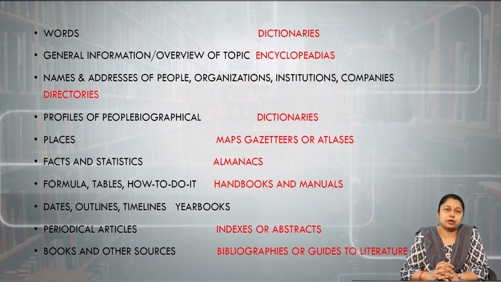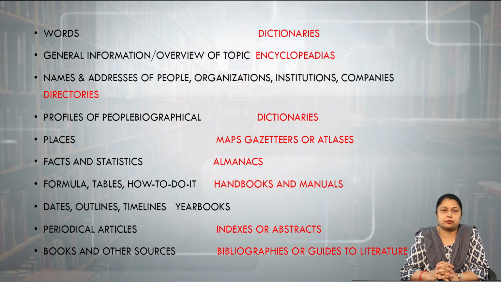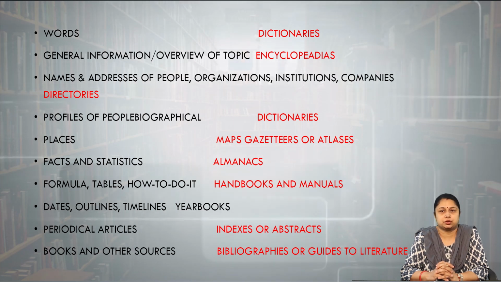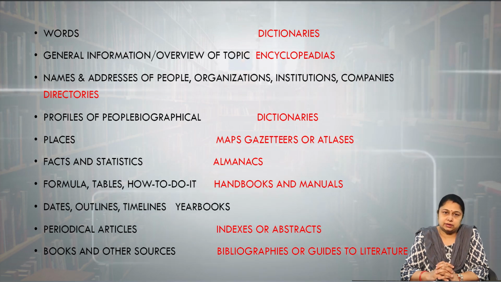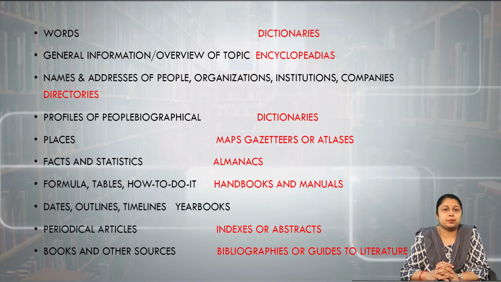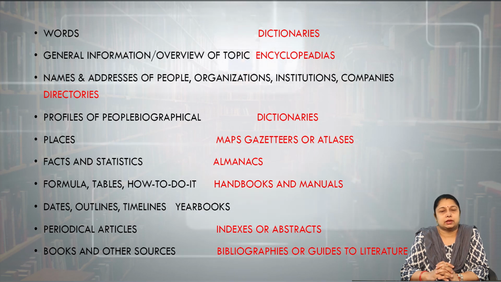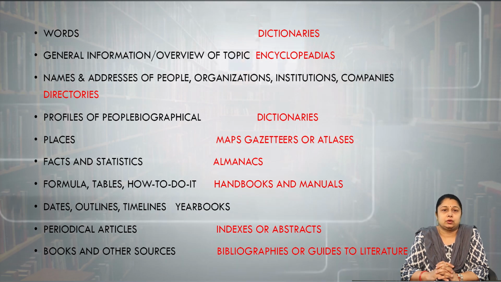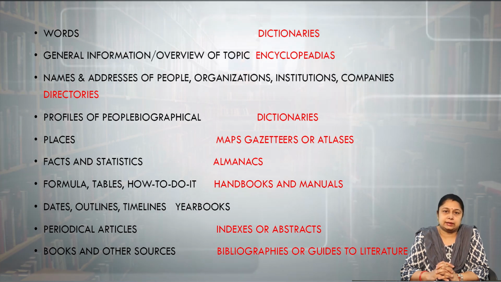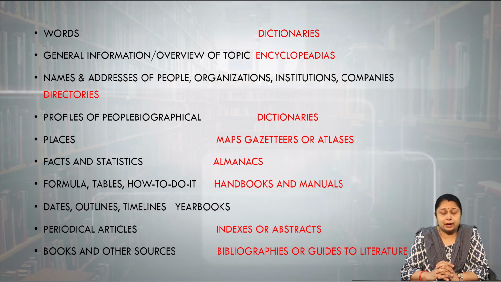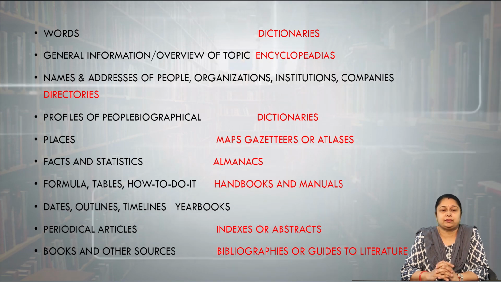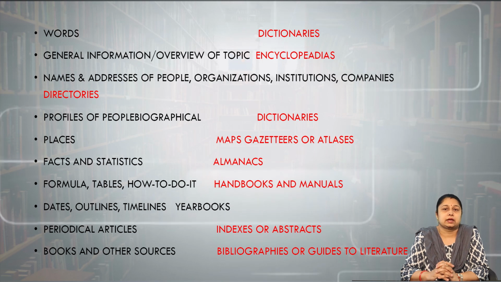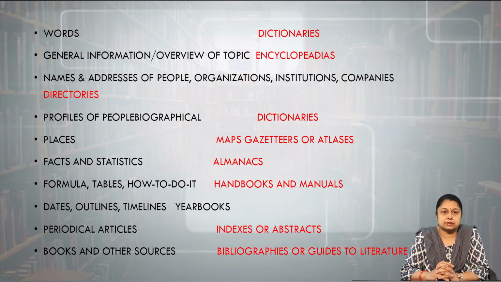If we are looking for names and addresses of people, organizations, institutions, companies, then we refer to directories. If we are searching for profiles of some people, then we look at biographical sources. If we are looking for places, then we use maps, gazetteers, atlases.